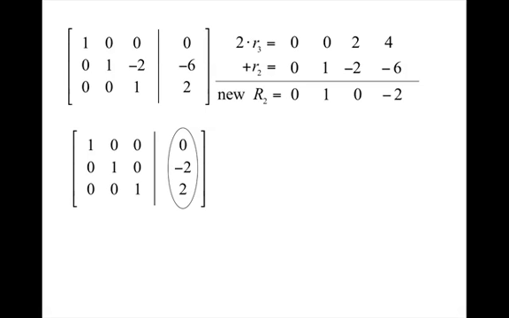My first value of 0 is my x, my negative 2 is my y, and my positive 2 is my z. This time, instead of writing my solution as an ordered pair with 2 numbers, I write it as an ordered triple with 3 numbers. So my solution is the ordered triple 0, negative 2, 2.